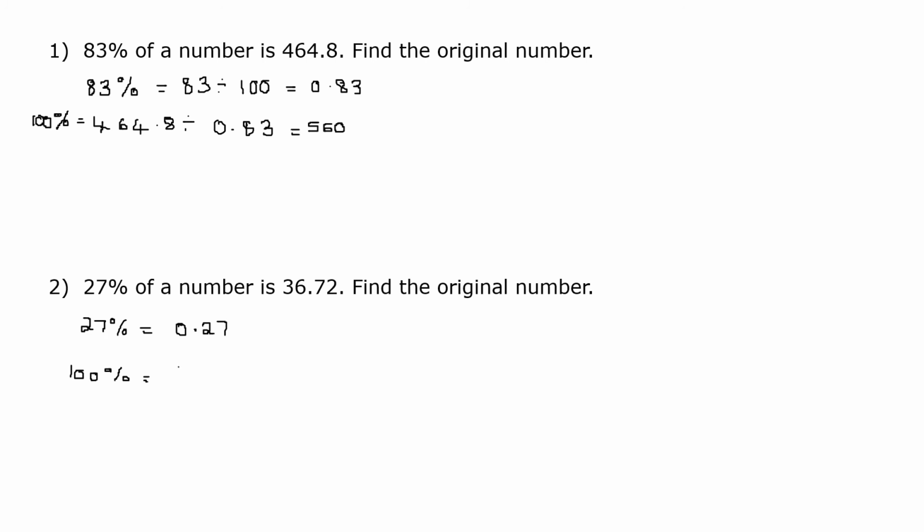So that's going to be 36.72 divided by 0.27, and that will give me 136. Okay, so the basic rule for this, convert your percentage to a decimal multiplier and then divide the amount that you're given by the decimal multiplier.